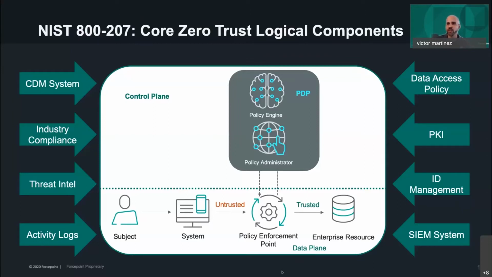So we have a UEBA, user and entity behavior analytics solution, which we call FBA, Forcepoint Behavior Analytics, which sits on top of our solution as the brain, and informs our policy enforcement points, such as DLP, CASB, and firewalls, to enforce actions on the network. So that's the general architecture. I know that's taken about 2 or 3 minutes, and we should move on, but hopefully that's helpful.